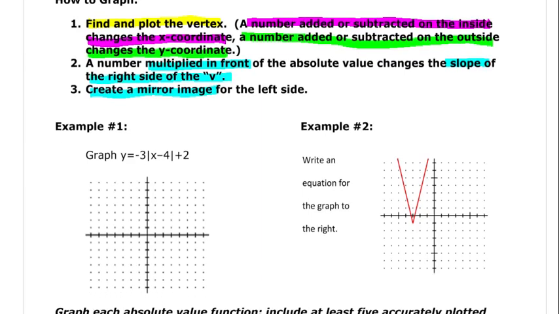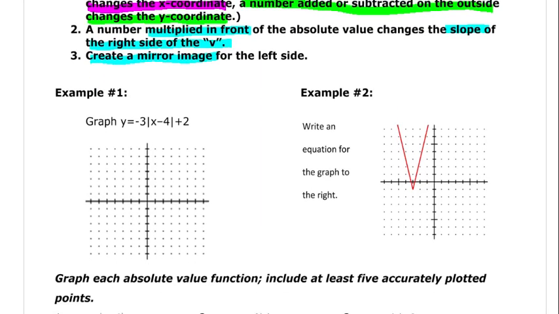So example 1, we have y equals -3 times the absolute value of x minus 4 plus 2. First we're going to figure out our new vertex. On the inside, that -4, remember on the inside it's opposite, that's telling us it's going to go 4 to the right.